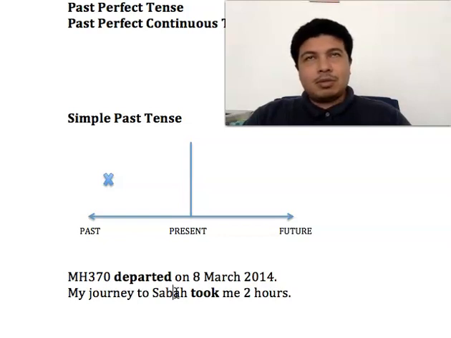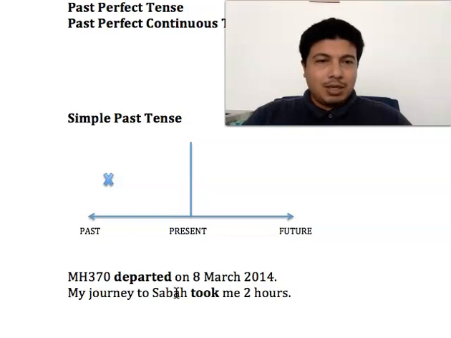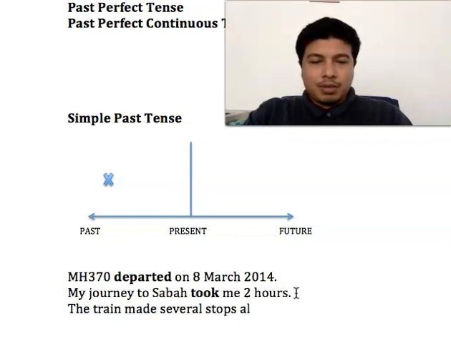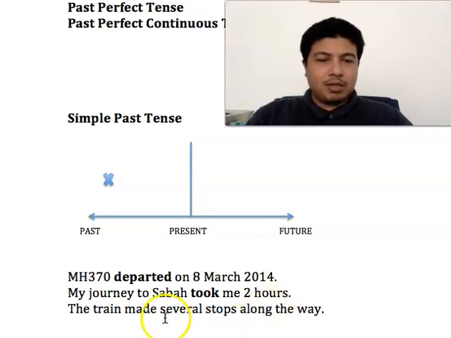We can also talk about several actions that happen in the past. For example, when we say the train made several stops along the way. Let's say you went for a vacation on a train.